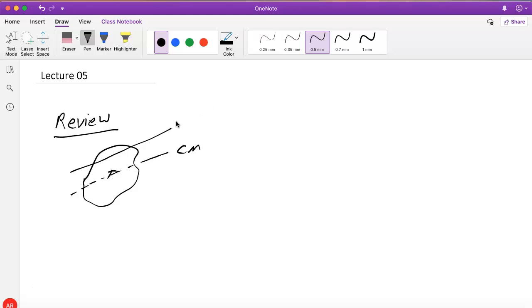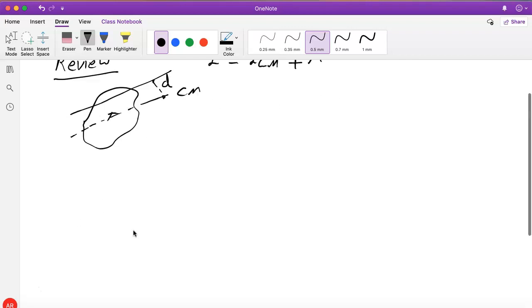We found that I is equal to I_CM, the moment of inertia around the axis that goes through the center of mass, plus M, the total mass of the object, times d squared, where d is the distance between these two axes. So we had a little bit of practice with this theorem.